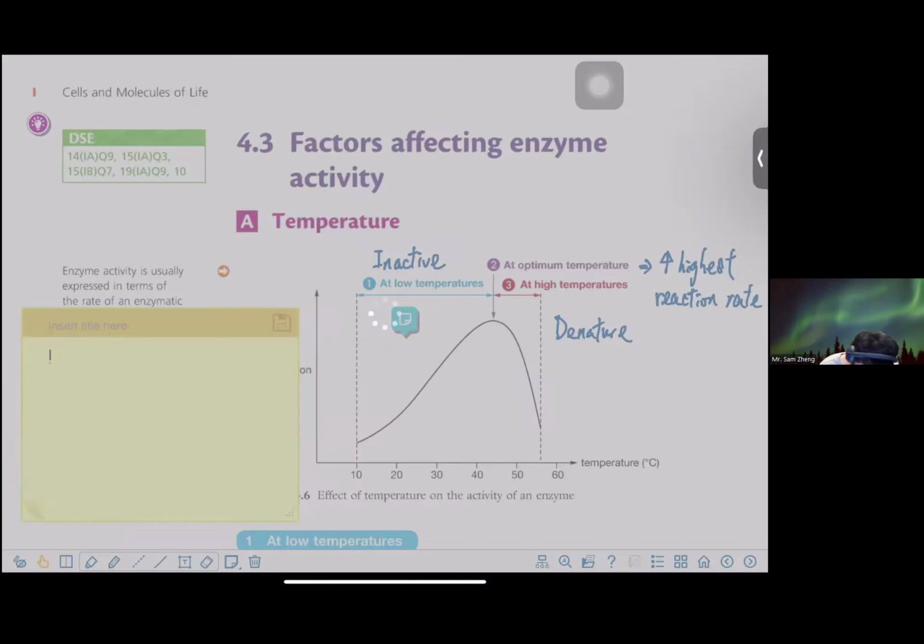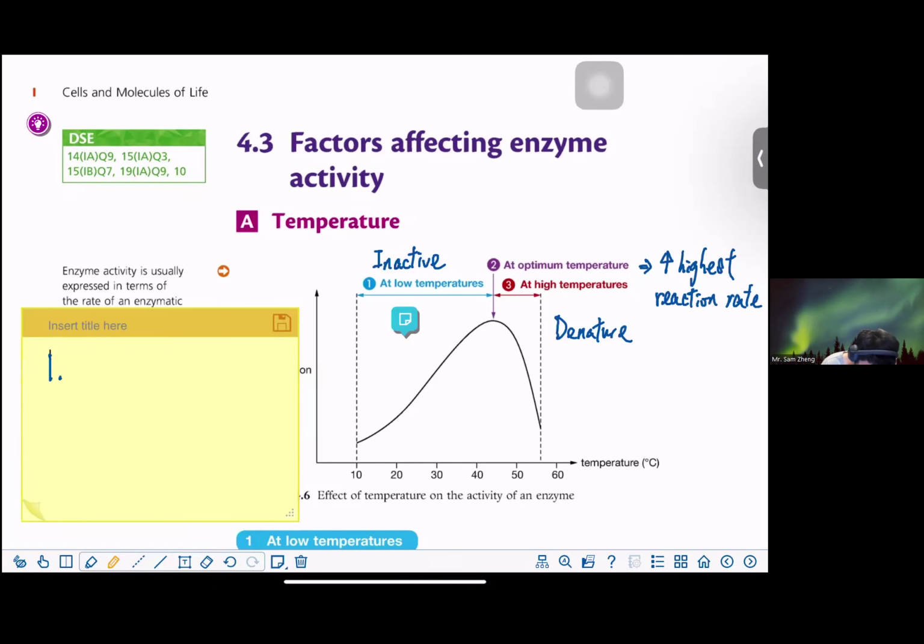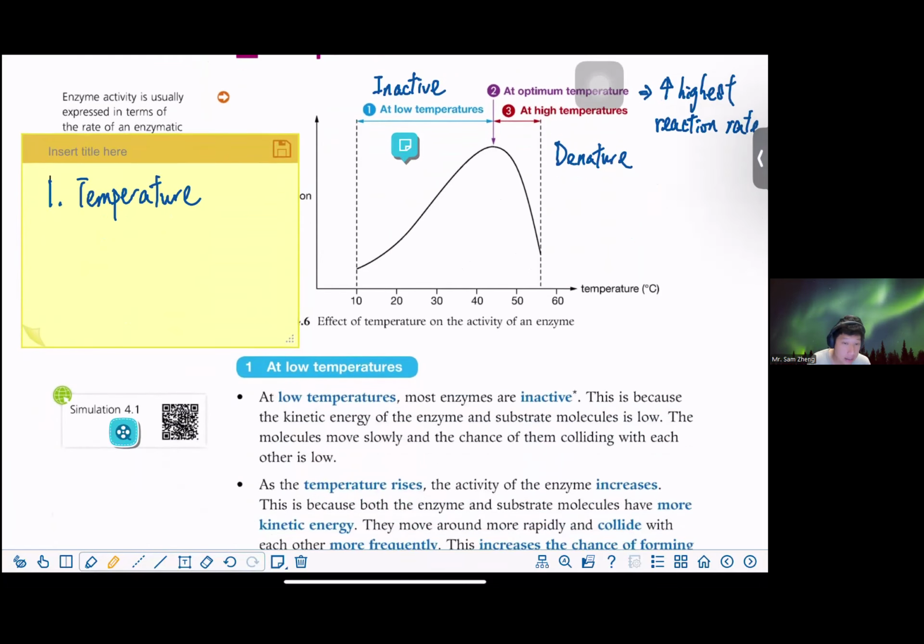So first of all, the temperature will affect the enzyme activity. If the temperature is not suitable for the enzymes, for example, at a very low temperature, then the enzyme will be inactive.